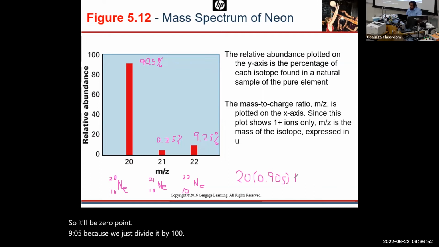Okay, we're going to add that to 21 multiplied by its decimal form, which is times 0.0025.